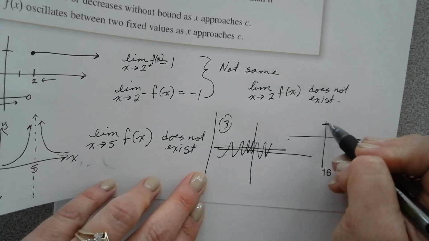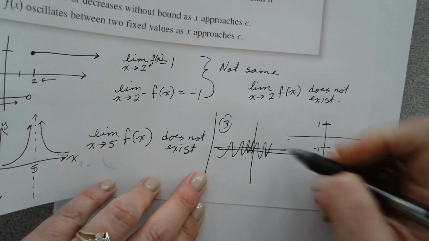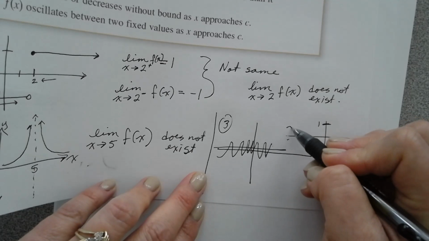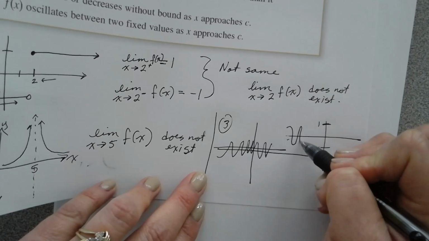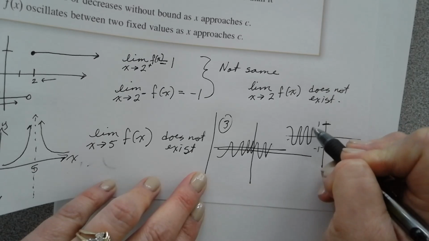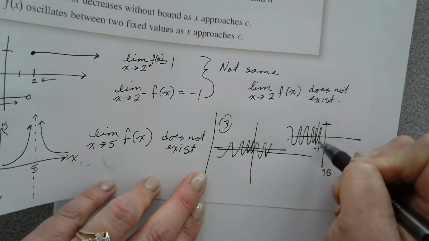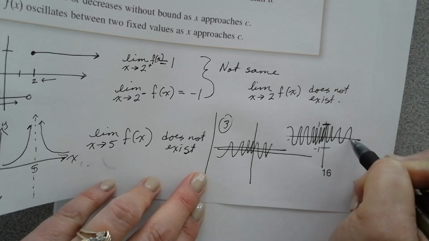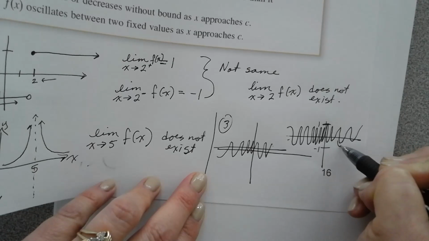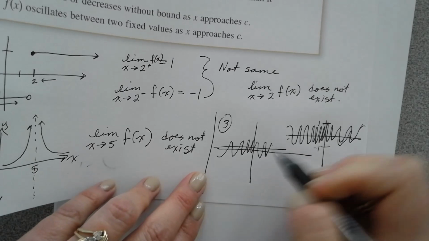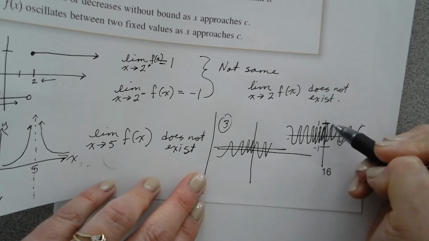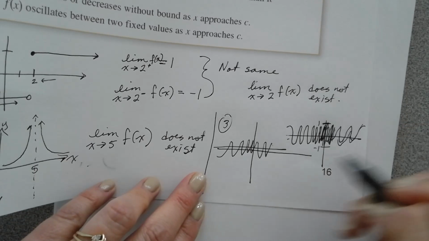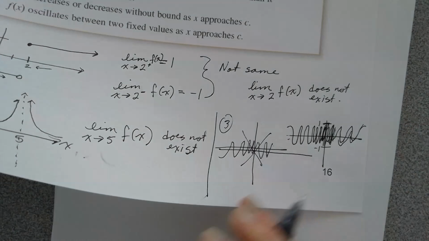Between 1 and -1, we might have something that looks like this, and then as it gets closer, it gets tighter and tighter, and then it relaxes again as it goes out. But something like that, where it oscillates a lot back and forth between 1 and -1 as it's close to the value that we're taking the limit of.